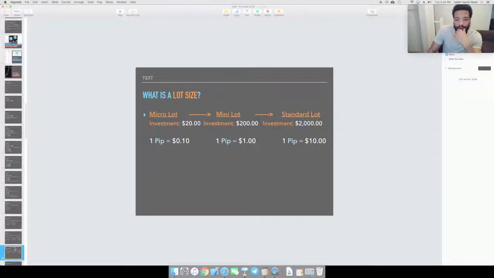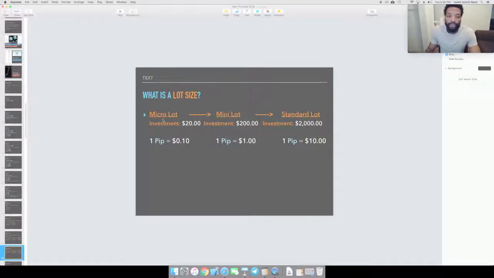Micro lot sizes, mini lot sizes, and standard lot sizes. These are the three major lot sizes that people usually jump between. So you don't want to start off with the standard lot size and jump back down to a mini lot size after you get scared after losing a trade or whatever, because it just doesn't work like that.